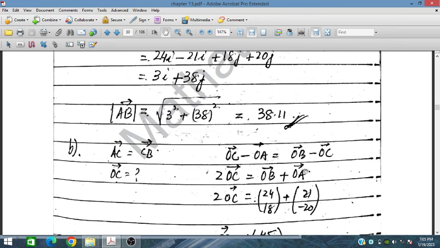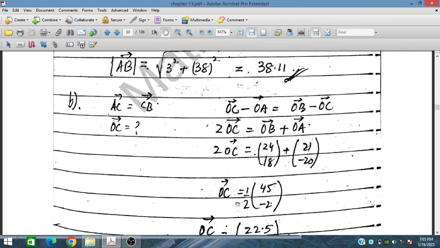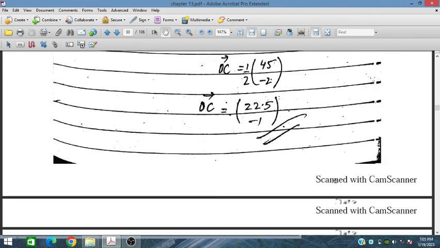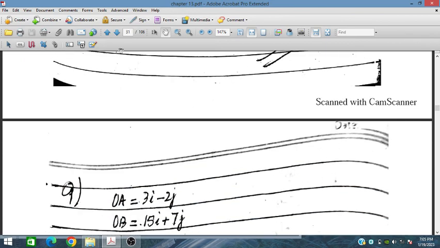It becomes OA plus OB, so OB is given and OA is given, and OC can be obtained as this. OC is 45 divided by 2, and 2 divided by 2. So this is minus 1, and this is 22.5. So OC is obtained, and the vector C has been obtained in this way. So this was question number 8.